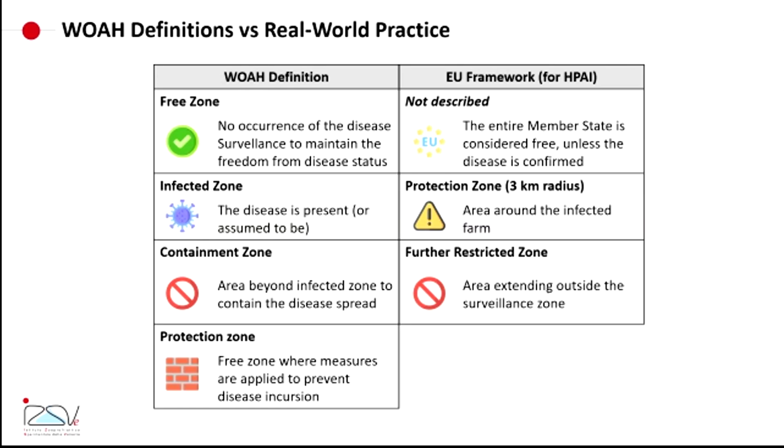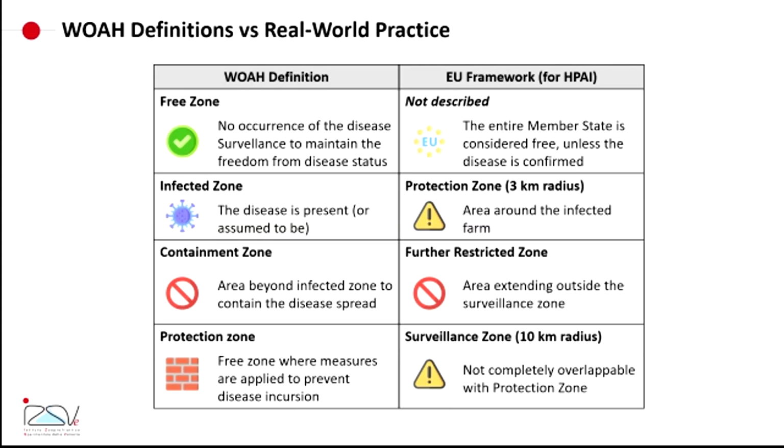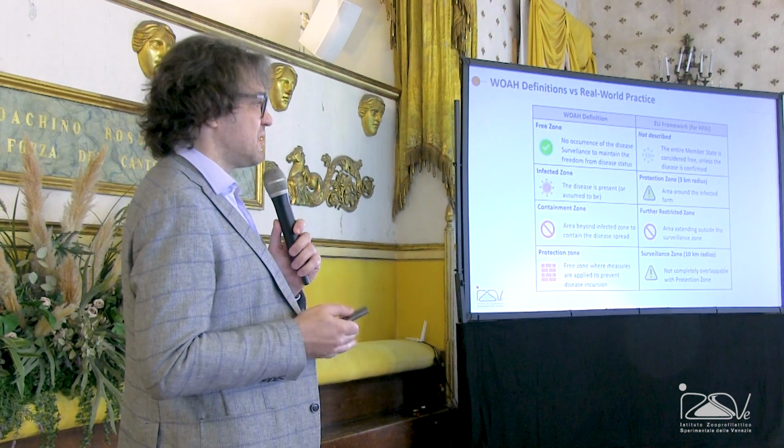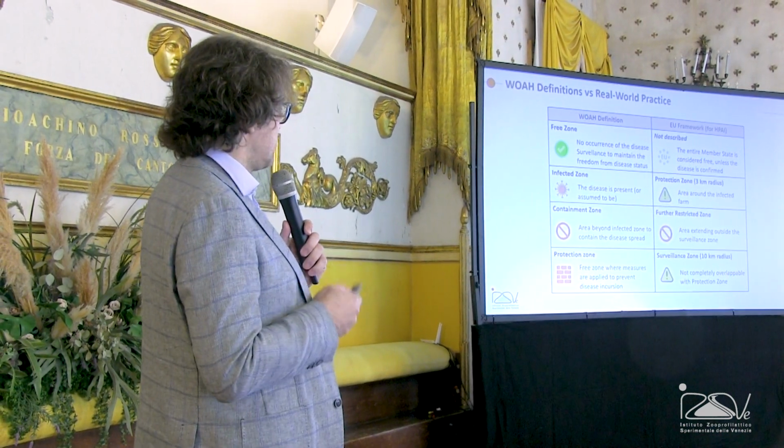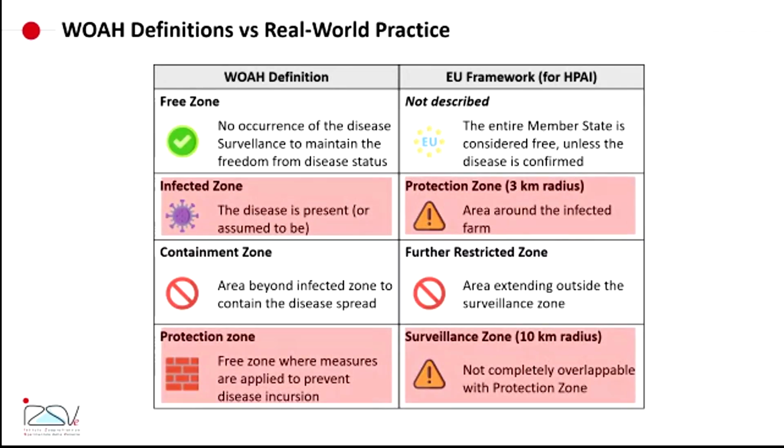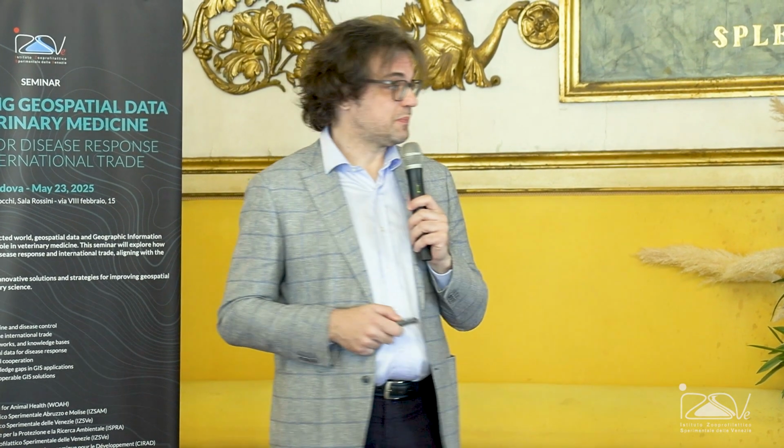We have a further restricted zone that can be more or less associated with the containment zones. And then we could try to accumulate a surveillance zone with the protection zone, but they don't have the same meaning. So you see those alarm signs, meaning that especially for the protection zone they have completely different meanings, and there can be some kind of miscommunication also when transmitting data to the WOAH.